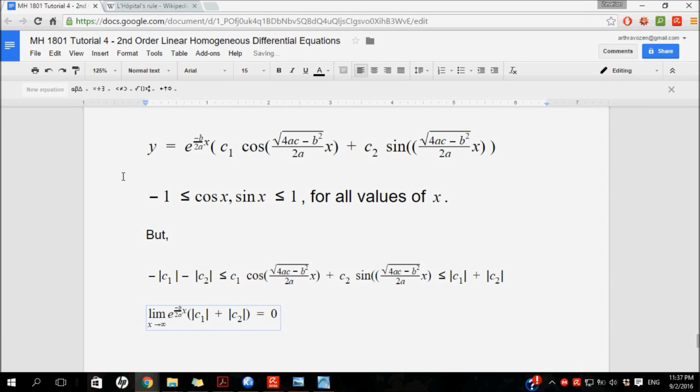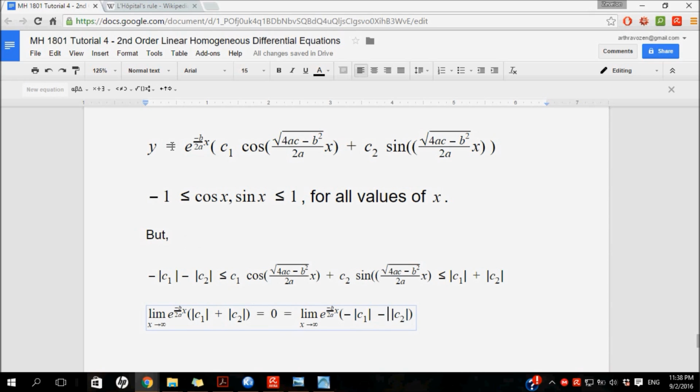It's clearly going to be 0. This is just a constant number. So the standard limit laws would tell us that this limit just depends on the exponential term. In a similar way, we conclude that minus absolute value of C1 minus absolute value of C2 times the exponential is also going to be 0.